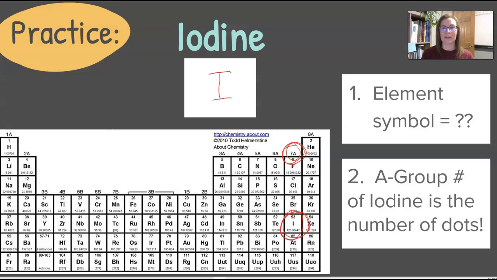If you said 7, you're correct. But make sure you go around 1 time first, 1, 2, 3, 4, and then go around again. Now I have a total of 7 dots around my iodine, and all of the elements are going to have 7 dots if they're in the 7A group.